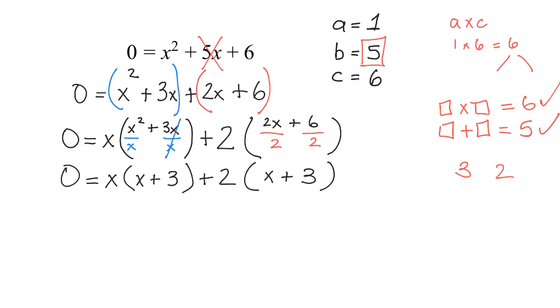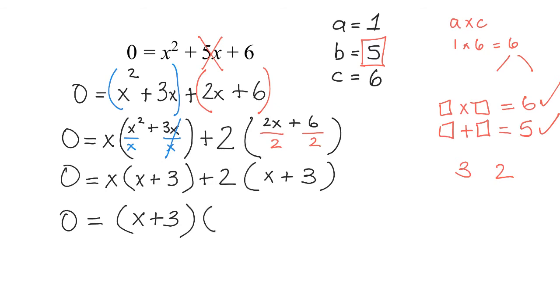Our last step is to write our final answer. We've got a 0. You're going to open a bracket, and inside this first bracket, you are going to write out the expression that appears twice. For us, that is x plus 3. So I'm going to put x plus 3 inside this bracket.